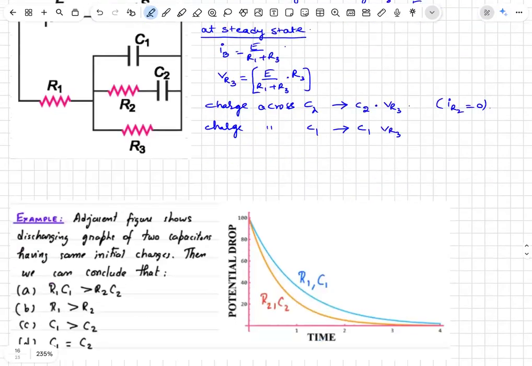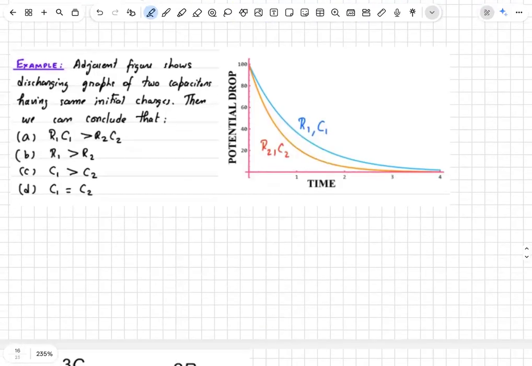Okay. Next, I'm giving you a situation like this. Here you have graphs given. The adjacent figure shows discharging graphs of two capacitors having the same initial charges. Then what can we conclude?